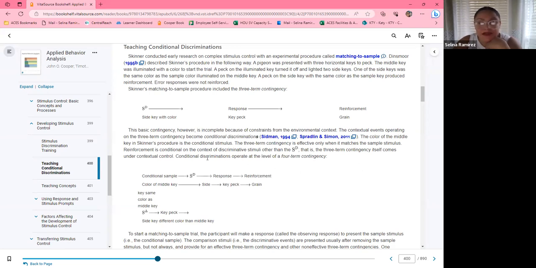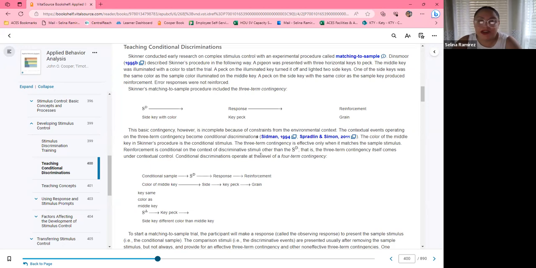So the color of the middle key is the conditional stimulus. The 3-term contingency is effective only when it matches the sample stimulus. Reinforcement is conditional on the context of discriminative stimuli other than the SD. And so then it comes under contextual control.